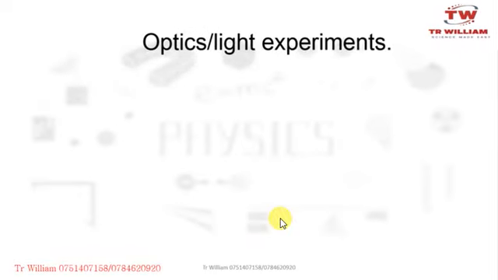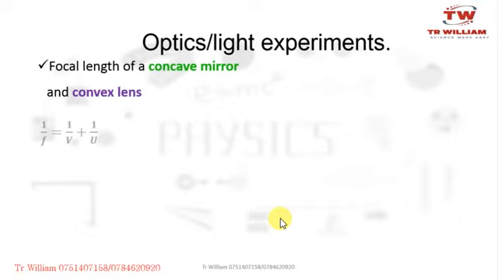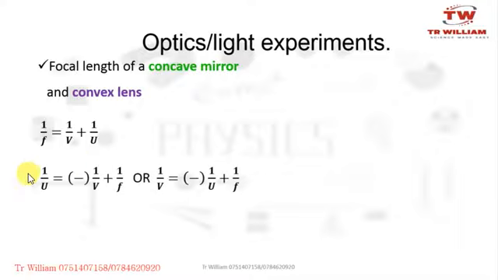When we look at the focal length for a concave mirror and a convex lens, because they all use the mirror formula, this is where the majority of people get confused. From 1 over f equals 1 over v plus 1 over u, you can always take any route. One person may want to plot 1 over u against 1 over v. When you rearrange, you realize that when 1 over v goes to the other side, it will take a negative sign. Or you may want to plot 1 over v against 1 over u, so when you take 1 over u to the other side, it becomes a negative sign.